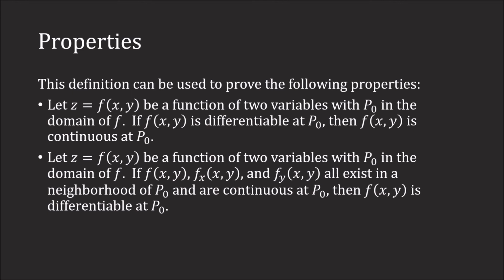To show that it's differentiable, all we have to do is show that f, f sub x, and f sub y all exist and are continuous at p naught. Then we can say the function must be differentiable at p naught. And so that will conclude our look at tangent planes.